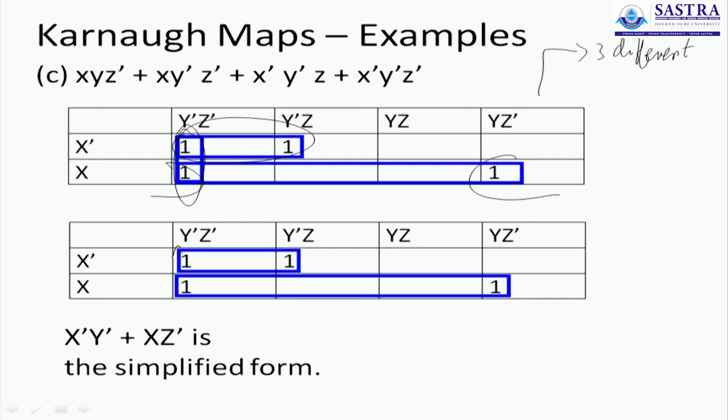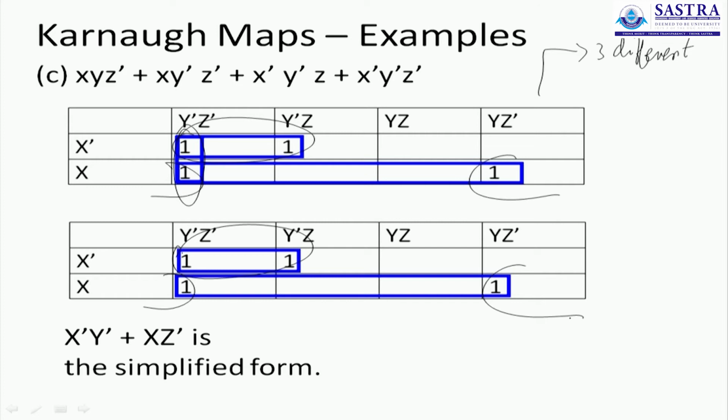I can group these 2 adjacent ones here and these 2 adjacent ones because they are in the extremes of the row. I told you before, the extremes are also considered as adjacent. So the left extreme and the right extreme are adjacent, the top extreme and the bottom extreme are adjacent. Which is why I can group the ones in the last row of the table. They are the extremes of the row.